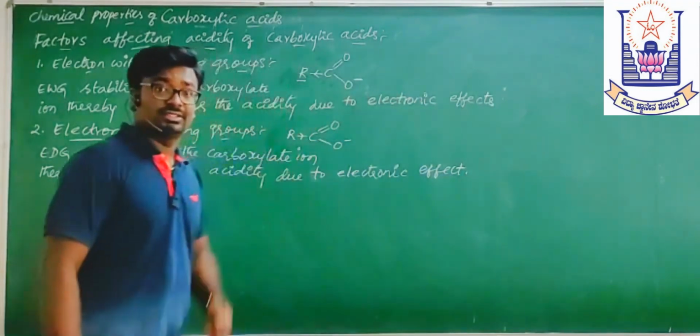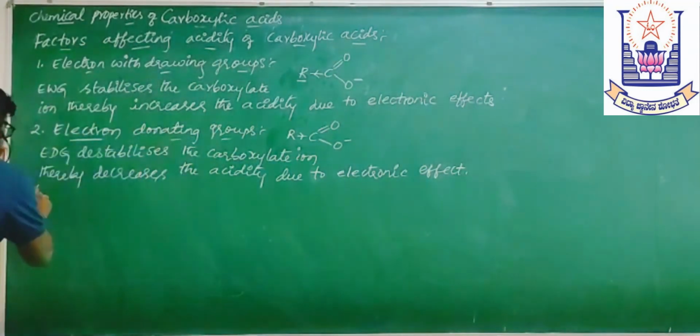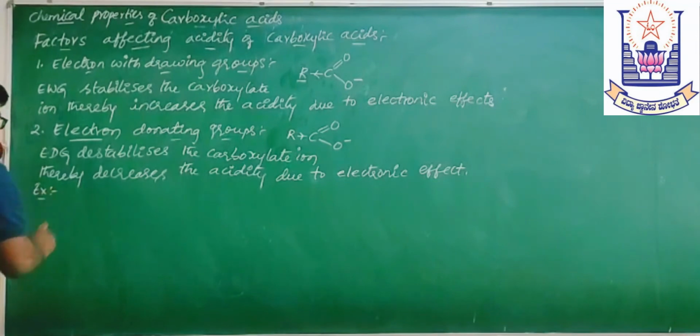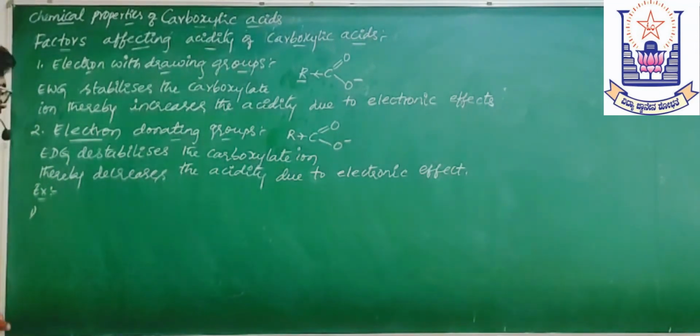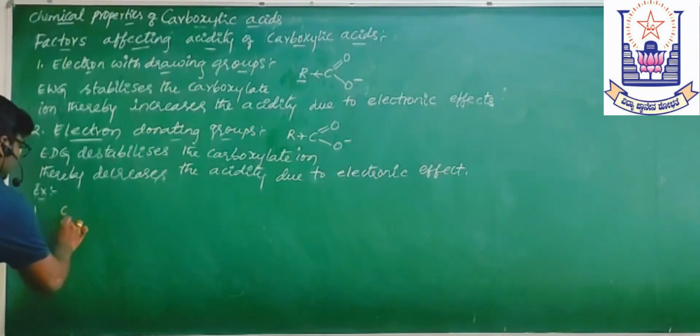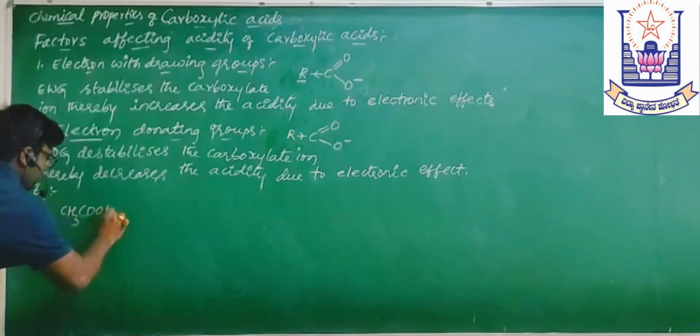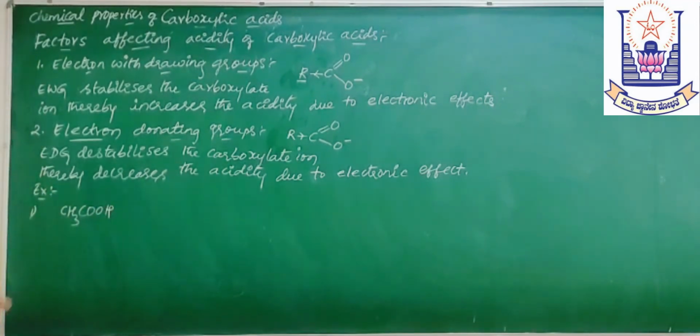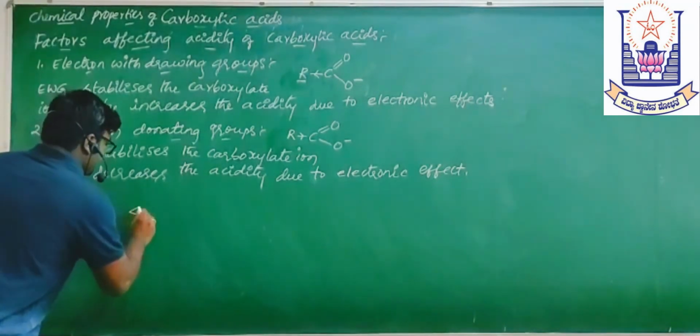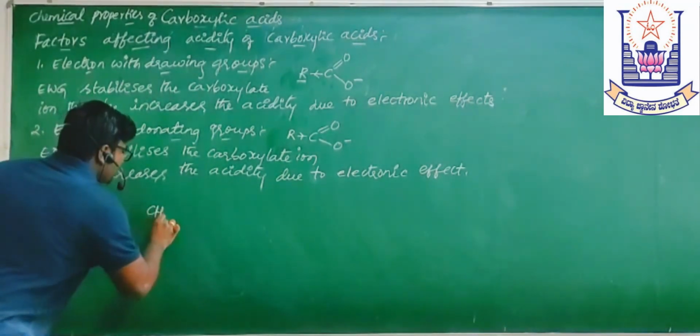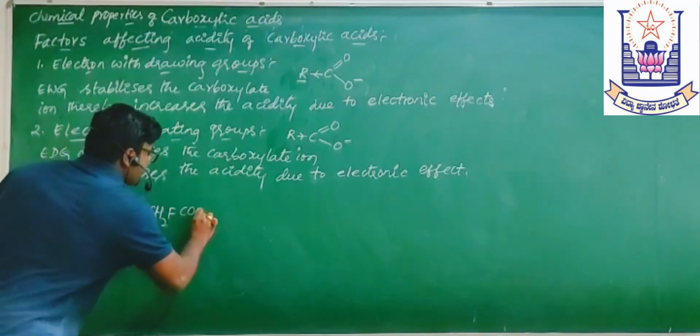Let us consider some examples. In the case of acetic acid, take CH3COOH and replace one hydrogen with a fluorine.